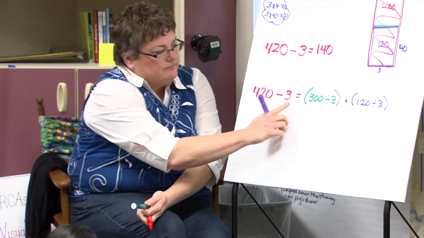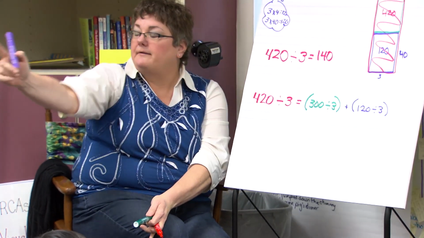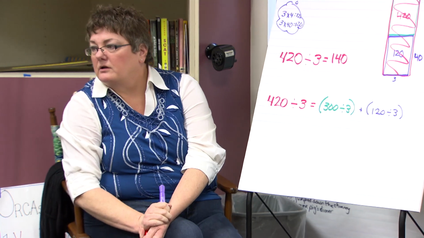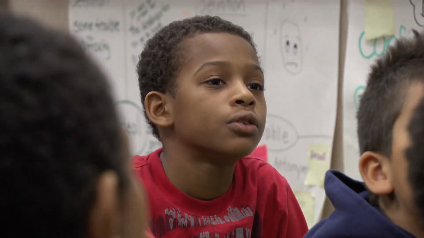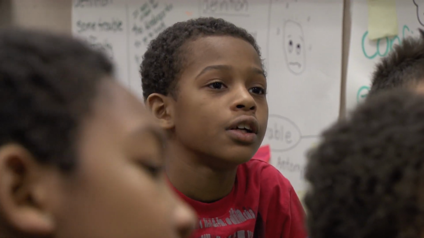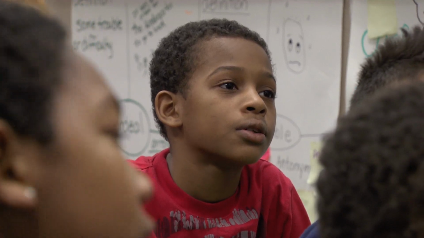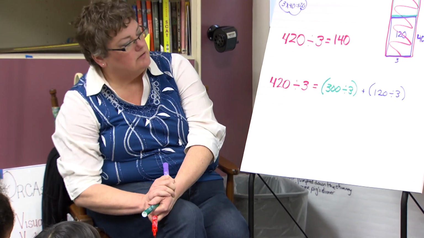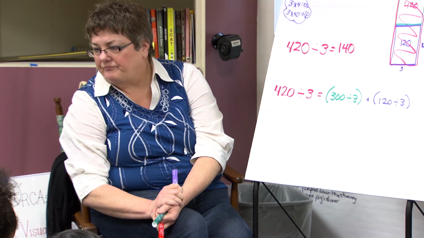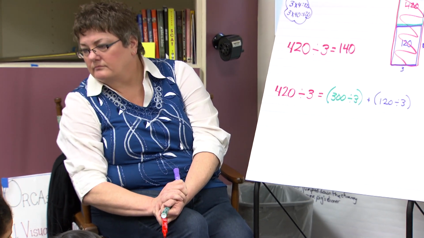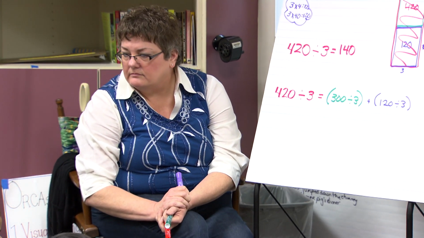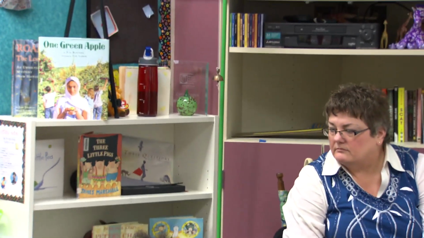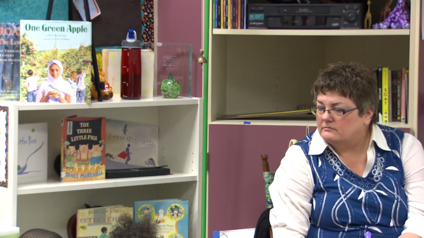Kai? I think it's true because 300 plus 120 equals 420. And Grace? I think it's true because all you did was the 420 divided by 3, you put the 300 and the 120 together to get 420, and then you left the 3 where it was, and then you got 420 divided by 3.